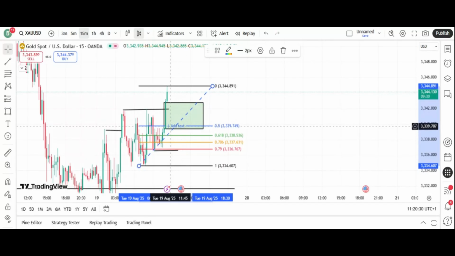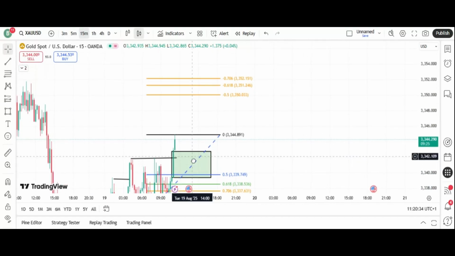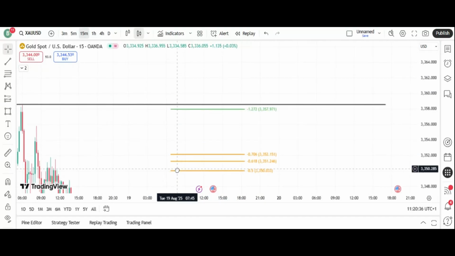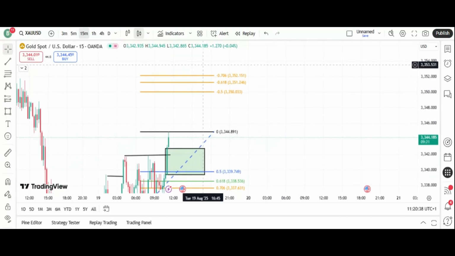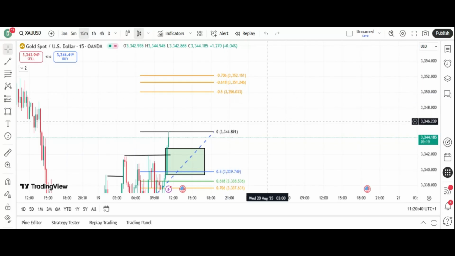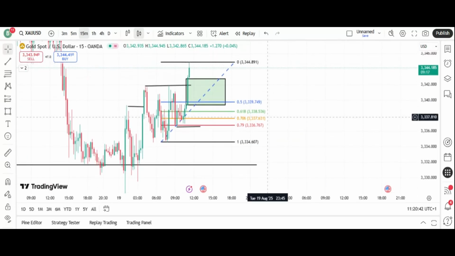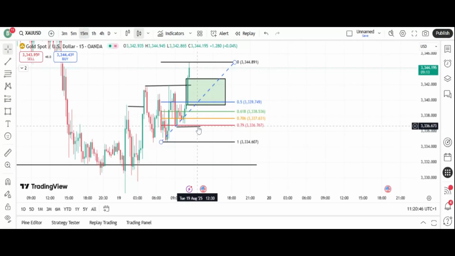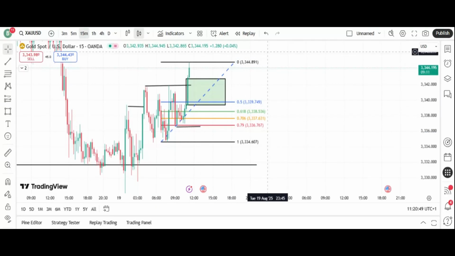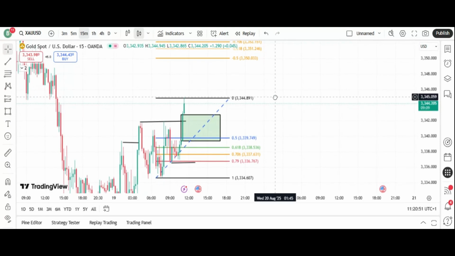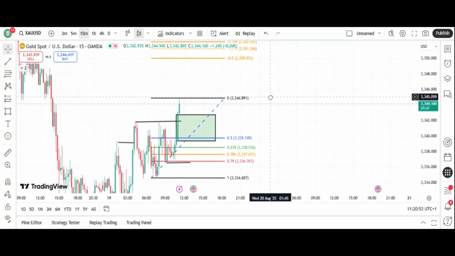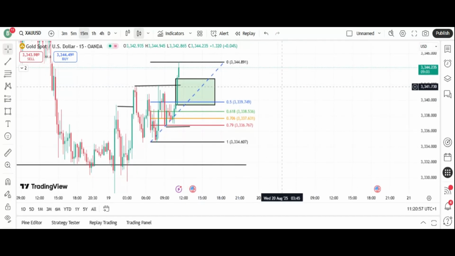So this is a very optimal entry I can take here, which is a good retracement to target all the way up here or within my profit zones. Or I can wait for a liquidity sweep of this low before we resume our journey upward. You understand? So that's my analysis for today. I'm looking for a buy setup for gold.